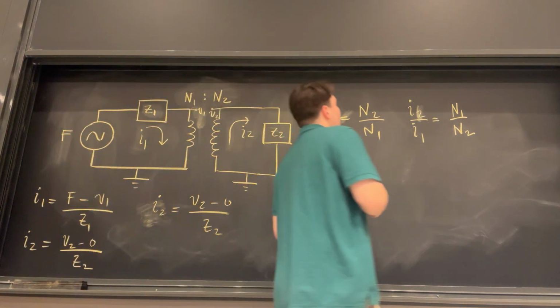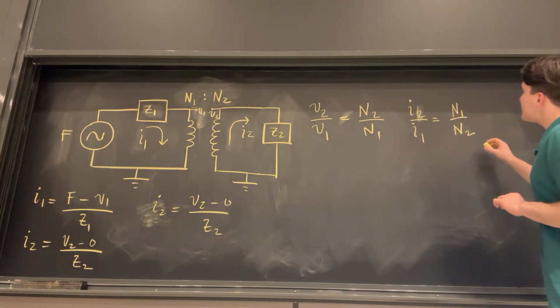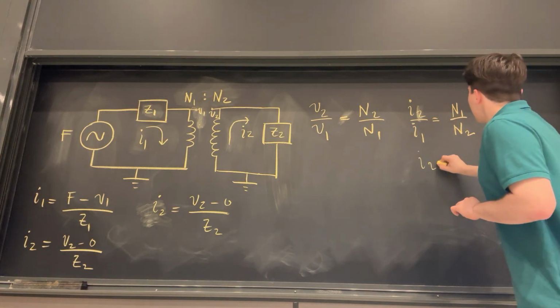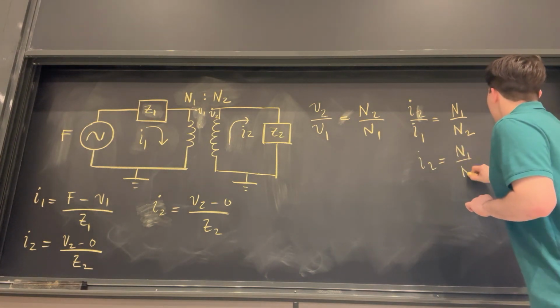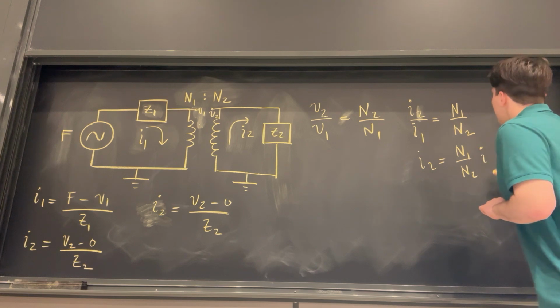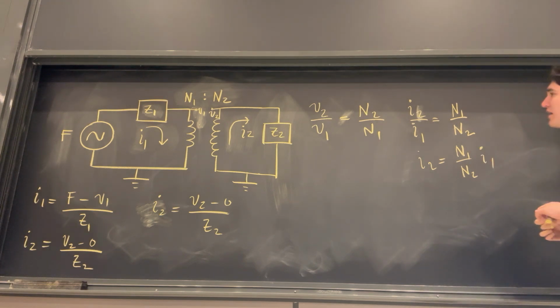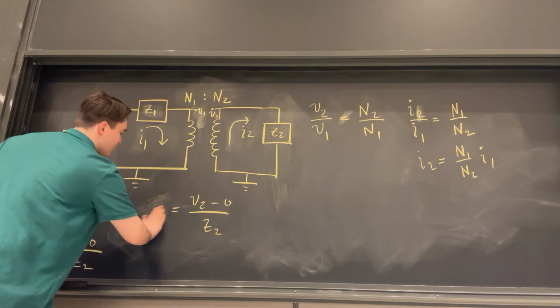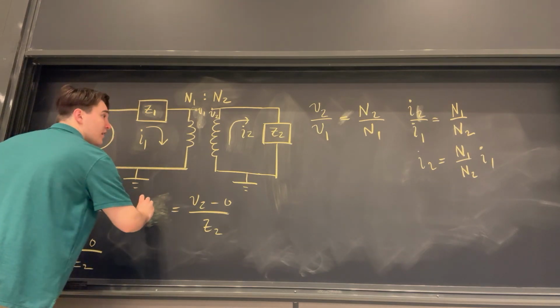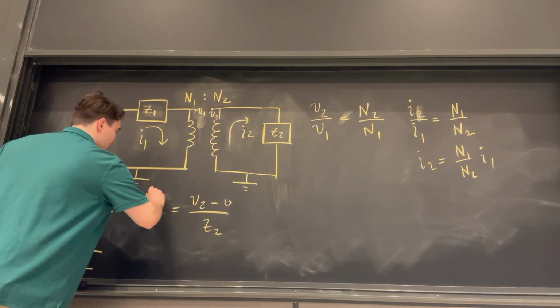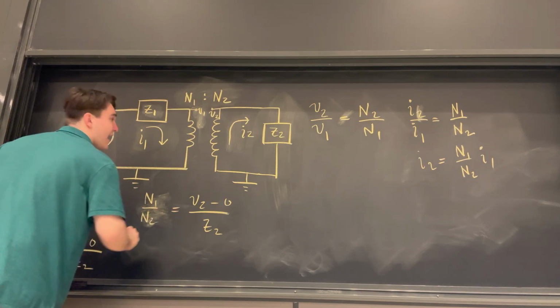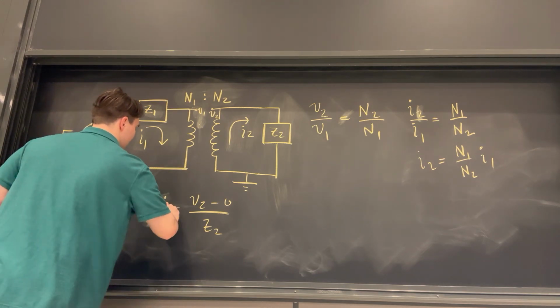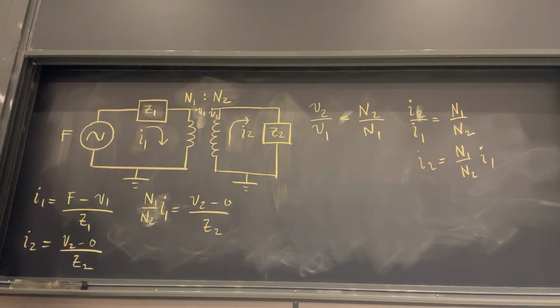So we know that I2 is actually going to be equal to N1 all over N2 times I1. So let's plug that in for I2 over here.